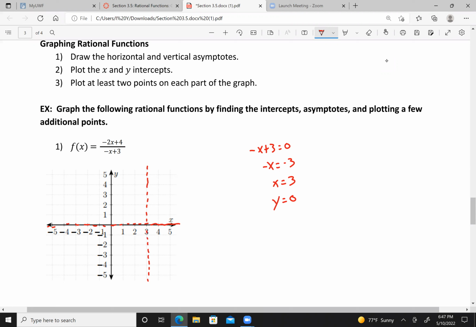Now finding the intercepts. Set negative 2x plus 4 equal to 0. Negative 2x equals negative 4, x equals 2. I have an x-intercept there.